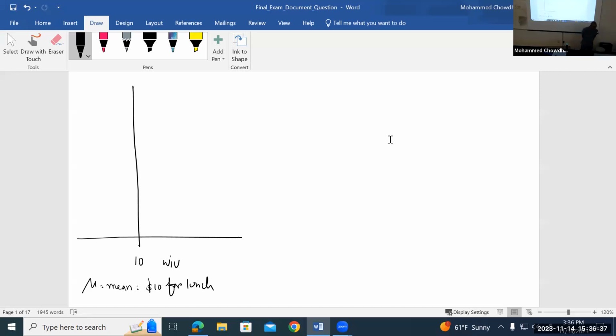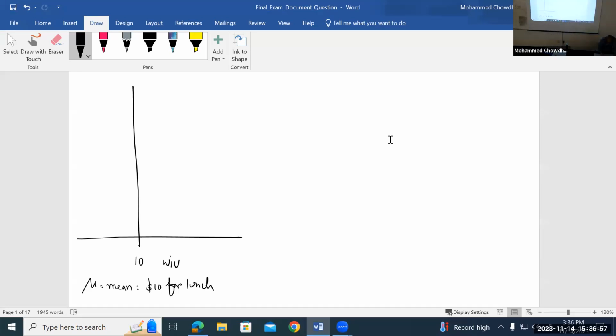Mu equal to mean equal to $10 for lunch. Someone said that $10. Then I said, well, let us check whether this claim is true or not. So what I did, I sent her to 100 students.